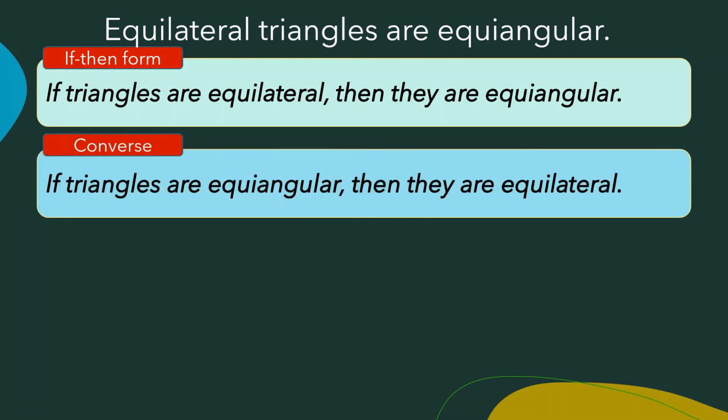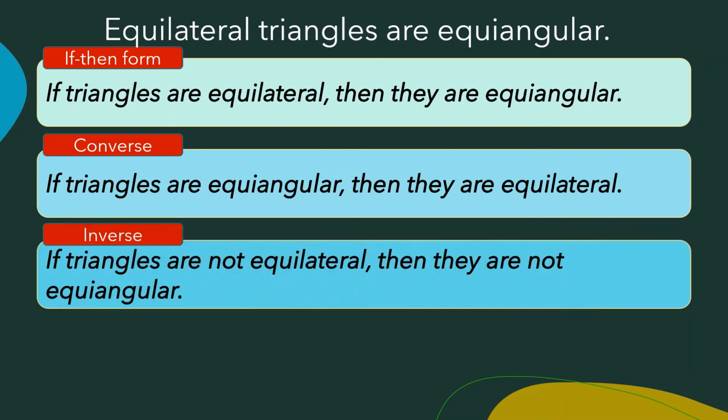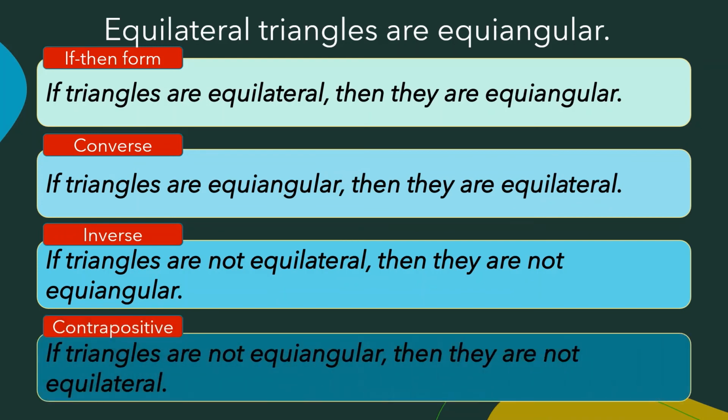Its converse statement is, if triangles are equiangular, then they are equilateral. And its inverse? Correct. The inverse is, if triangles are not equilateral, then they are not equiangular. And for the contrapositive, we have, if triangles are not equiangular, then they are not equilateral.